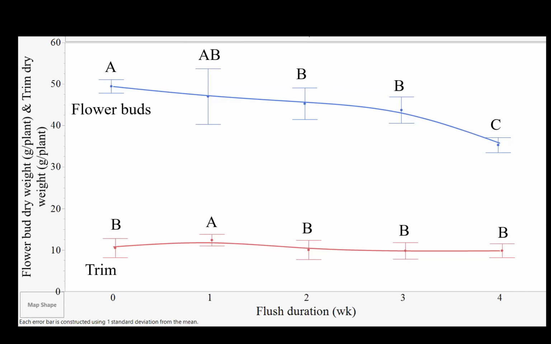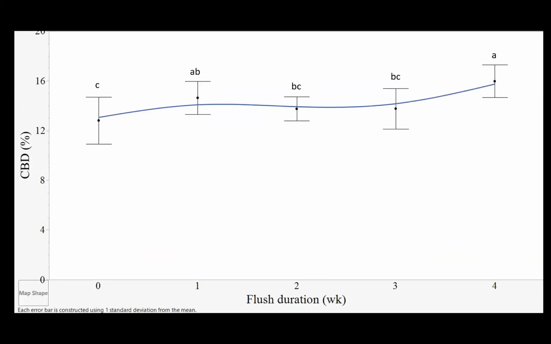2 weeks, you are starting to inhibit your yield. But CBD concentration, and this is true of many crops that we grow, if we decrease the yield, we actually sometimes increase the goodies in that plant. We increase the concentration of some of the desirable products that are in that plant.